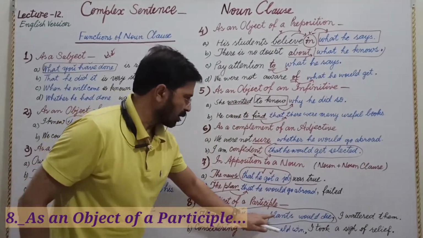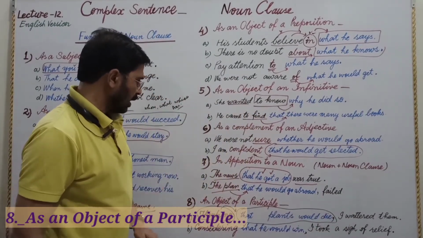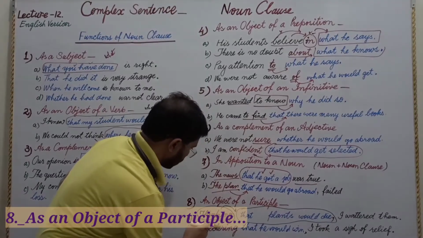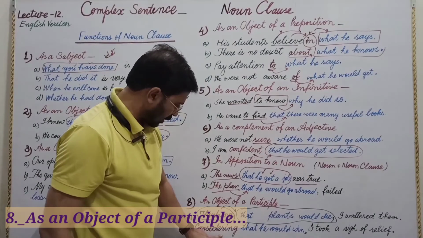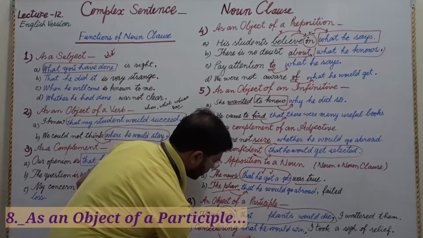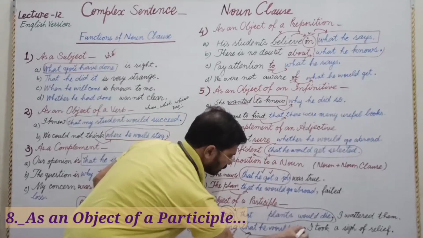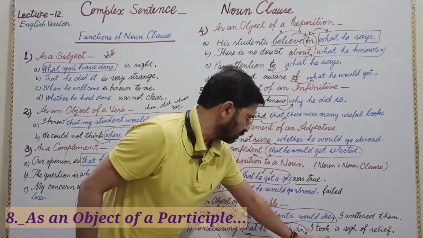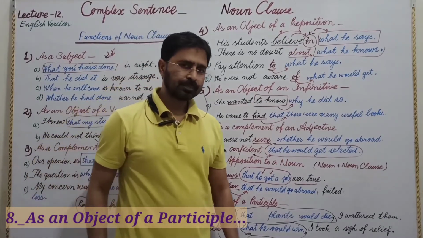This is your subordinate clause, and this black written part is called your principal clause. Then in the same way, considering is a participle here, and it is used as an object of participle. It has its own subject and predicate, and then you say it is principal clause. It is also called noun clause and subordinate clause.